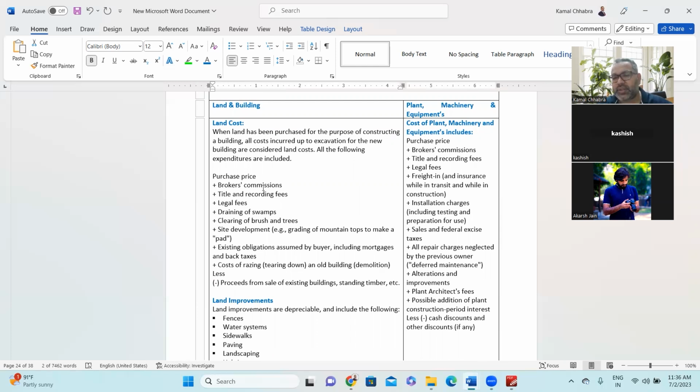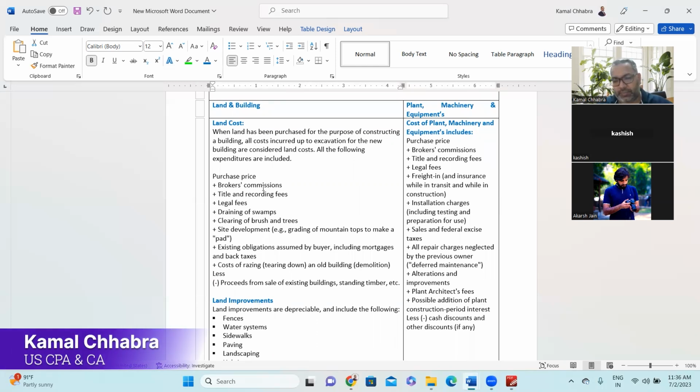Then, like we were discussing earlier, freight in: any freight charges for bringing in the plant, machinery, equipment, or furniture will be added, and insurance paid in transit also to be added. And interest cost, if a longer period is required for the development of any fixed asset, that you can also add.